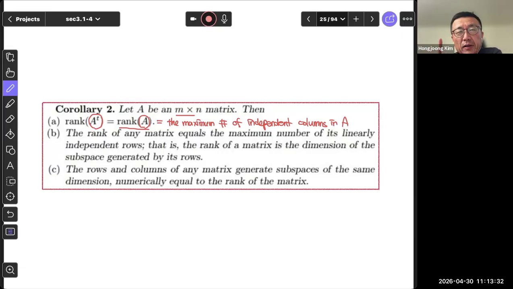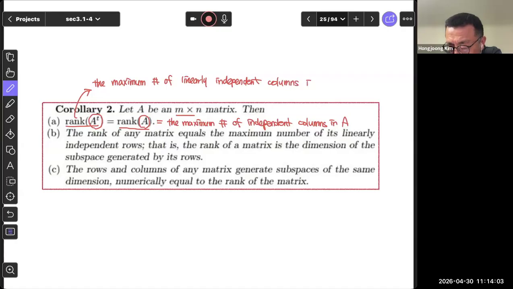Now, if I apply that theorem to A transpose, then this rank of A transpose will imply the maximum number of linearly independent columns in A transpose matrix.